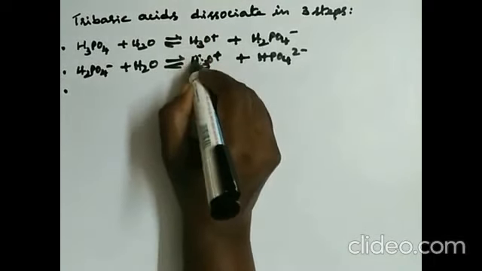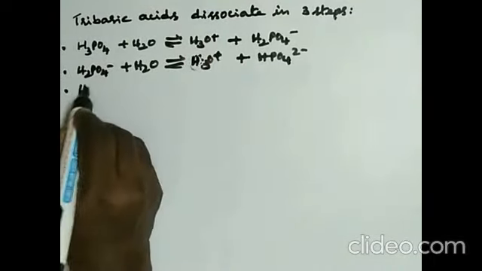So the next step you have HPO4 2 minus ion, which further combines with water, dissociates to form hydronium ion plus what is left out now is only PO4 3 minus phosphate ion. So you have the first step, one hydrogen being displaced to form hydronium ion and dihydrogen phosphate ion.